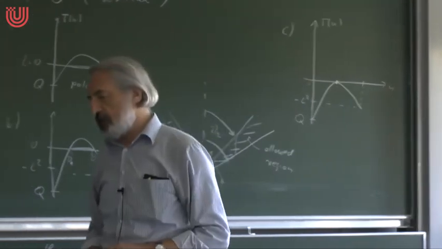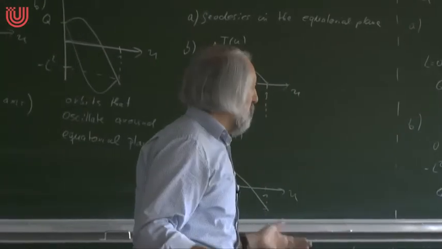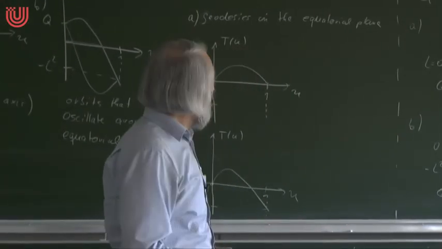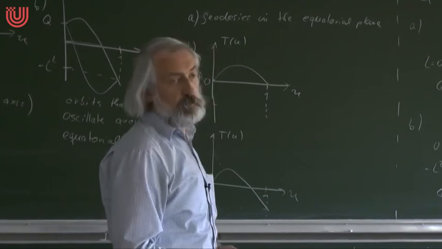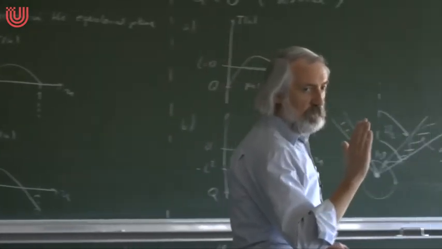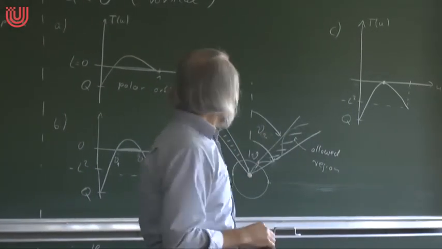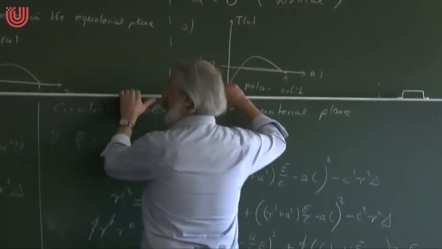And then we can ask ourselves, can one observe effects of the geodesics, for instance, in the field of the Earth? And there's one famous effect which can be observed and has already been observed. That's the Lense-Thirring rotation of the orbital plane. So let me briefly explain what this is.